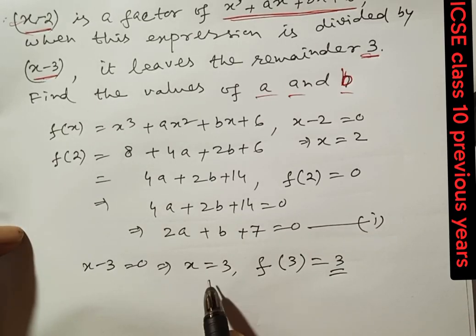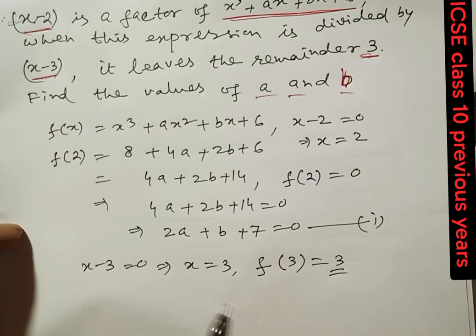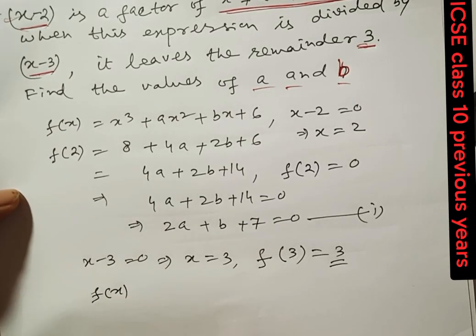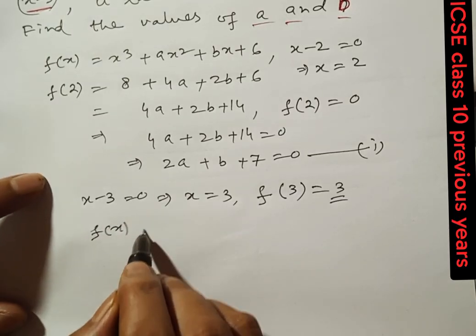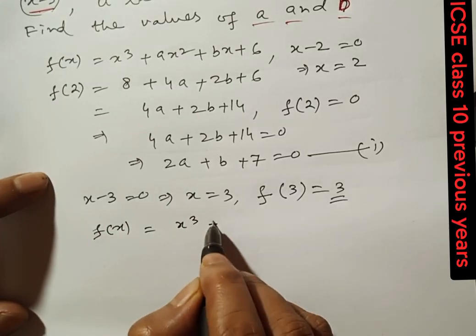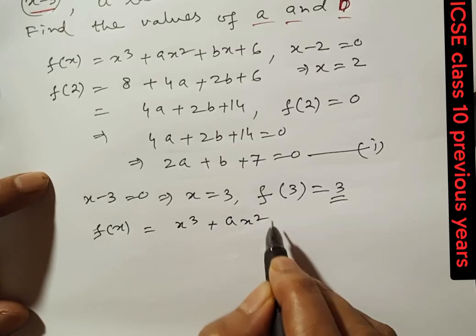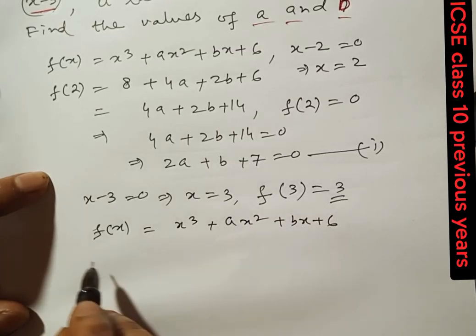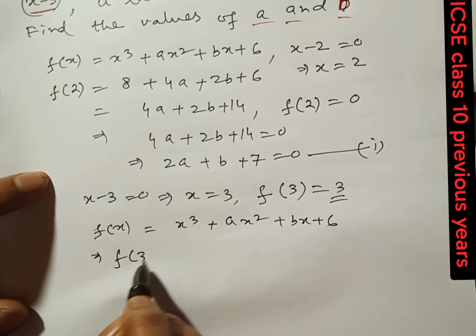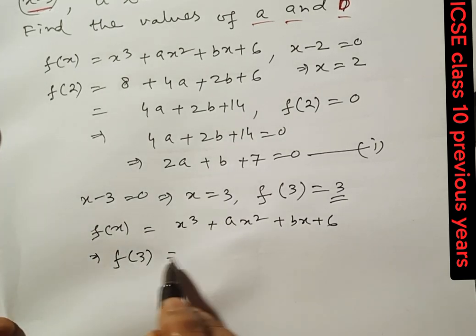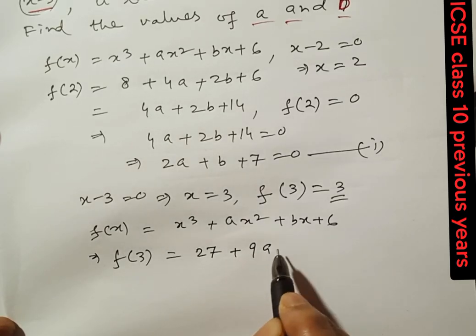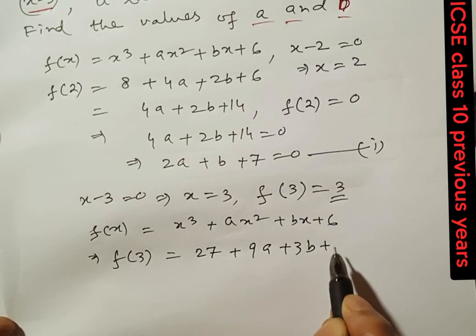Now we put x equal to 3 in our given polynomial f(x) equal to x cube plus ax square plus bx plus 6. f(3) equal to 3 cube 27 plus 9a plus 3b plus 6.